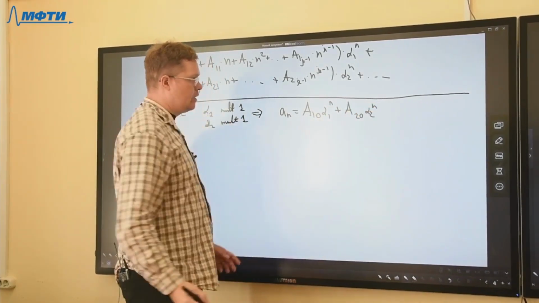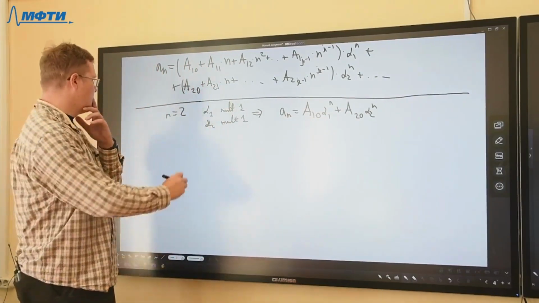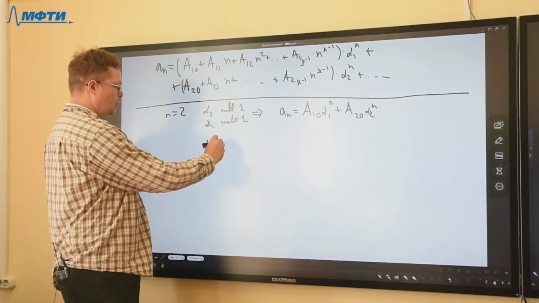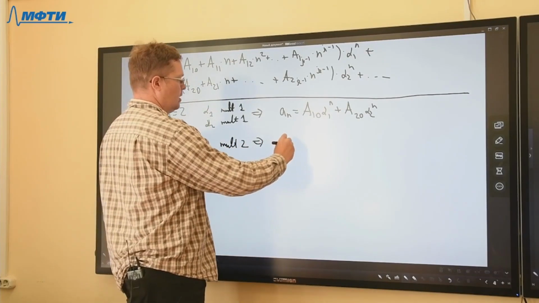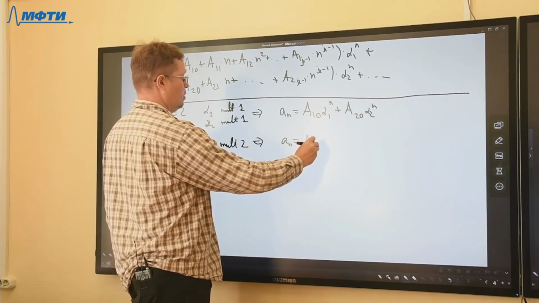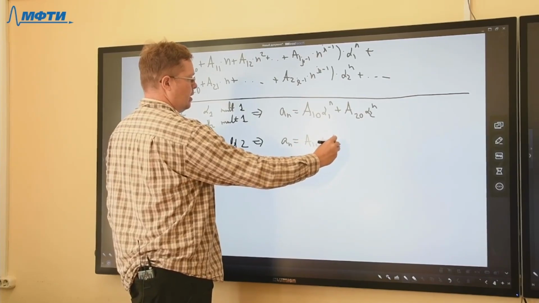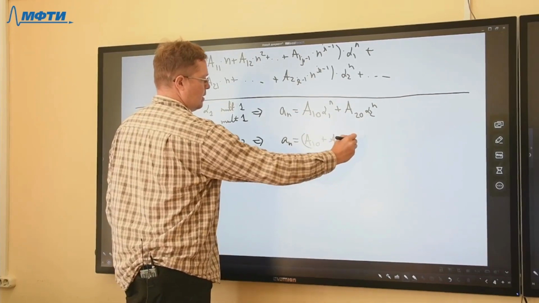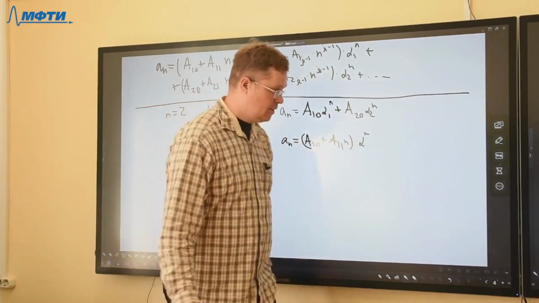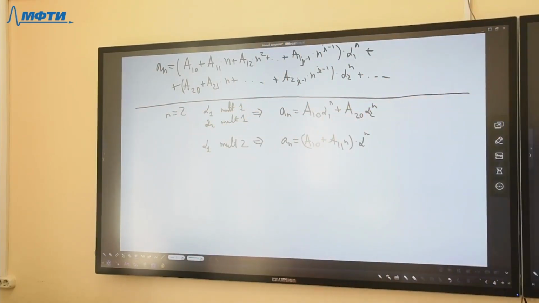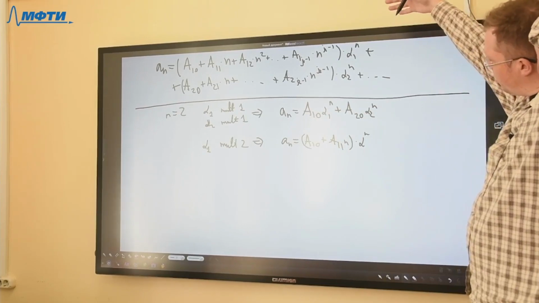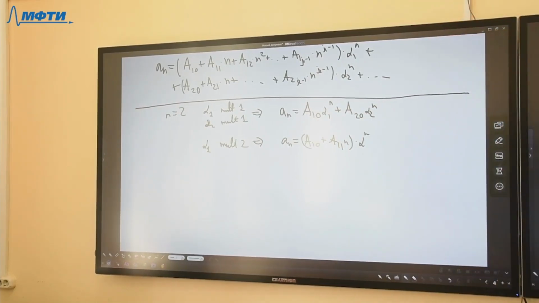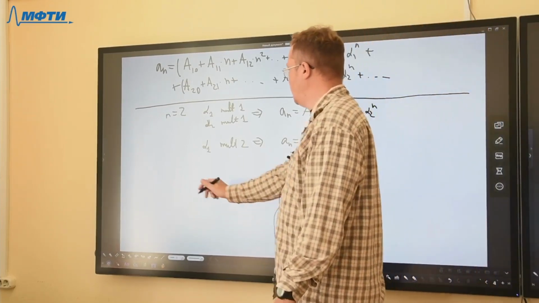So we have just a linear combination of geometric progressions. And if we have one root of multiplicity 2, then an is equal to a10 plus a11 n times alpha to the n. So we have geometric progressions multiplied by some polynomials of n.